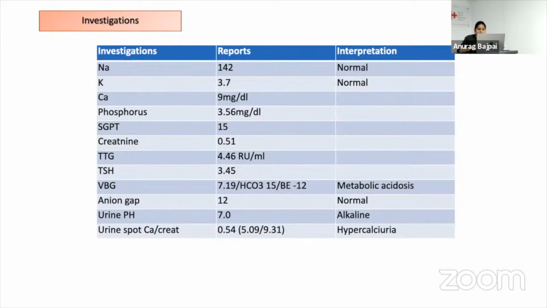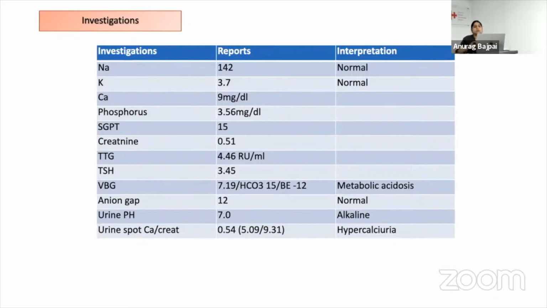Anion gap was normal. Urine pH was 7, which is greater than 5.3, so it is alkaline. Urinary spot calcium creatinine ratio was 0.54, which is greater than 0.2, showing significant hypercalciuria. So you have a hyperchloremic metabolic acidosis with alkaline urine and hypercalciuria.